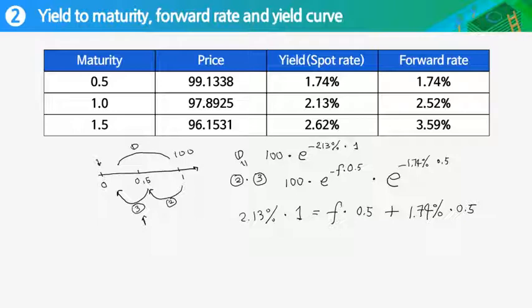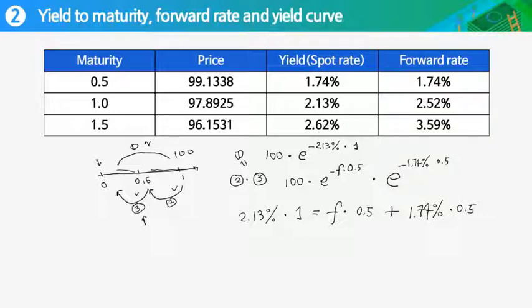This long-term rate, the 1 year rate, 2.13%, is basically a weighted average of these two rates. And the weight is given by the length of the two time periods. Right?